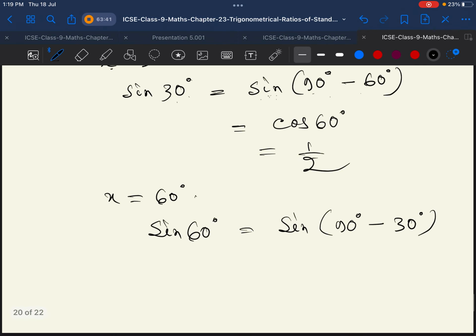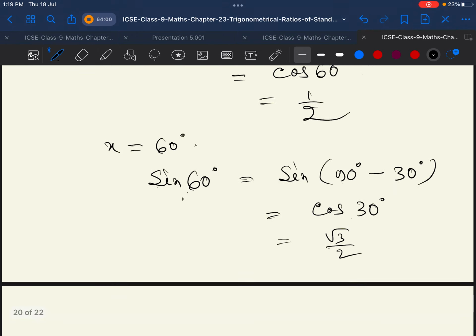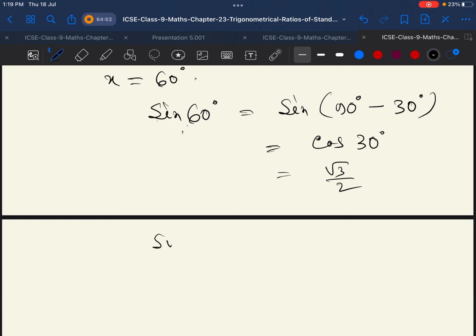So sine of 90 minus 30 we can write as cos of 30. Cos 30 we know is root 3 by 2. We also know sine 60 is root 3 by 2. So sine 60 equals to cos 30 degree.